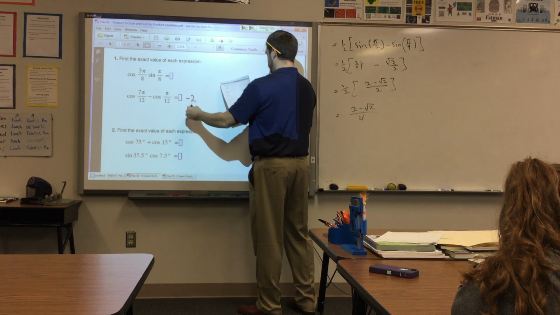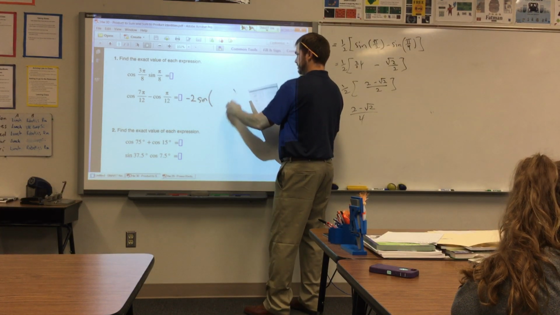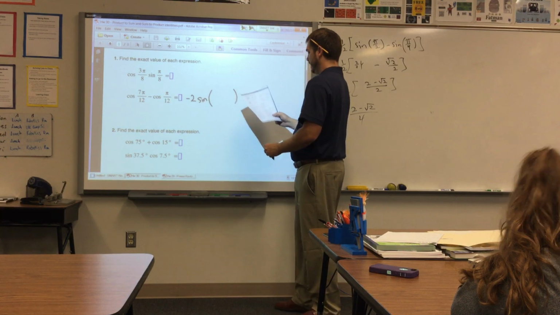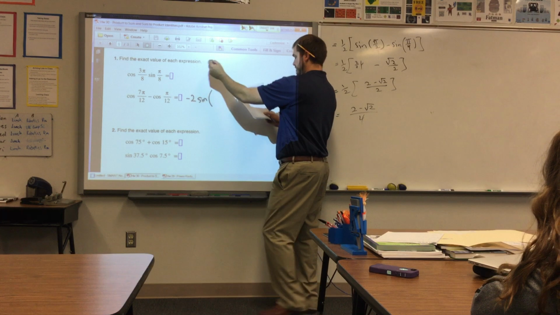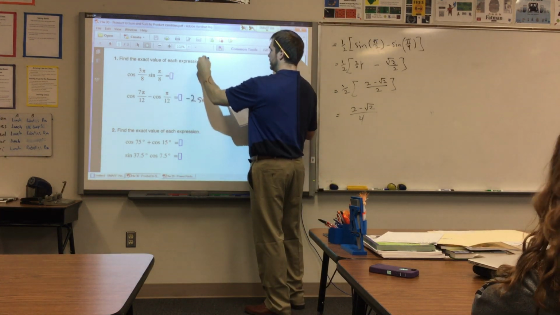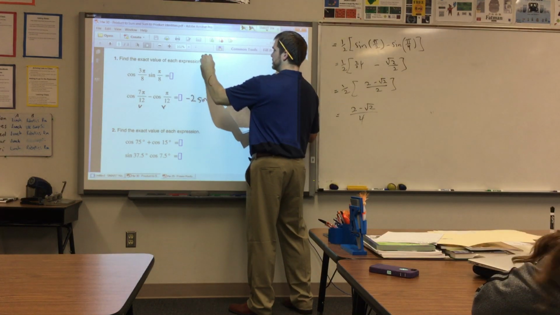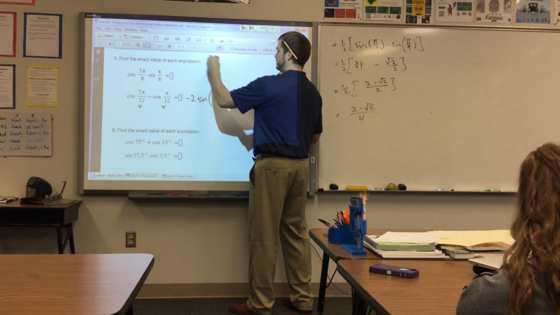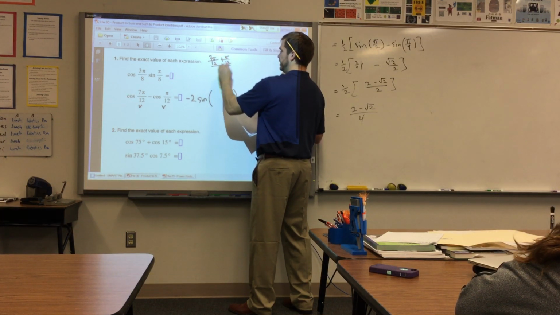So it equals negative 2 times the sine of u plus v over 2. Let's do a little side problem over here so we don't have to write everything. So this is our u, this is our v. So 7 pi over 12 plus pi over 12 divided by 2.